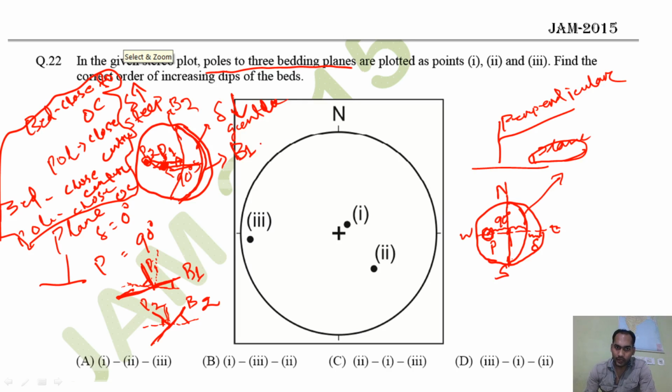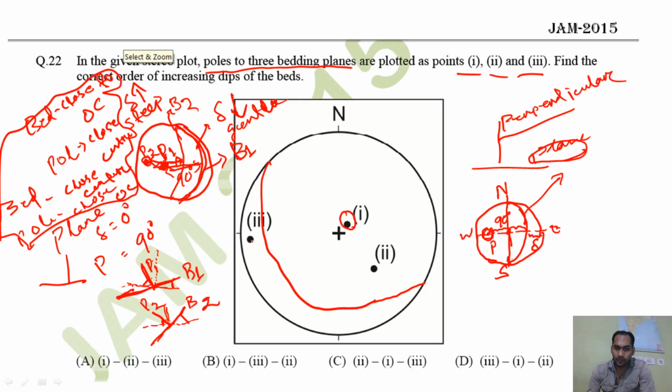So now let's come to the question. Here there are three poles, 1, 2 and 3. If pole 1 is close to the center, that means its bed will be gentler like this.